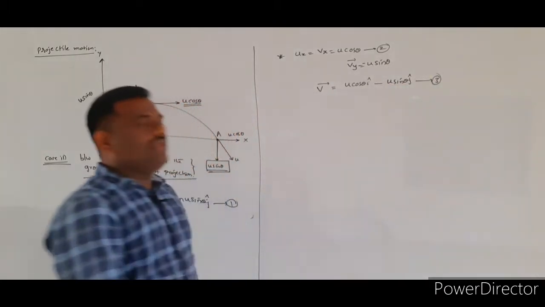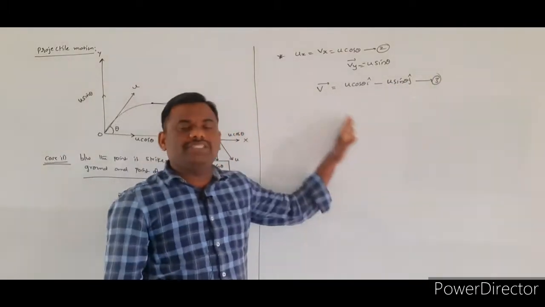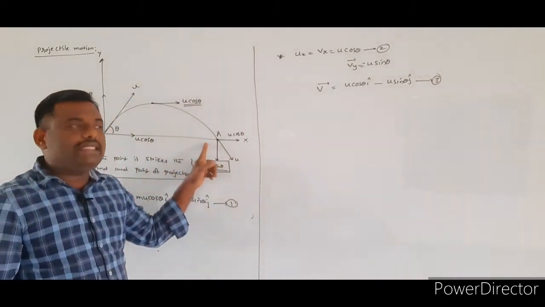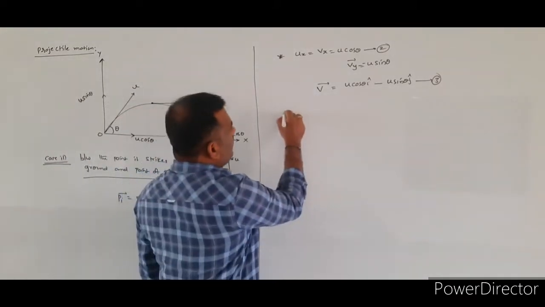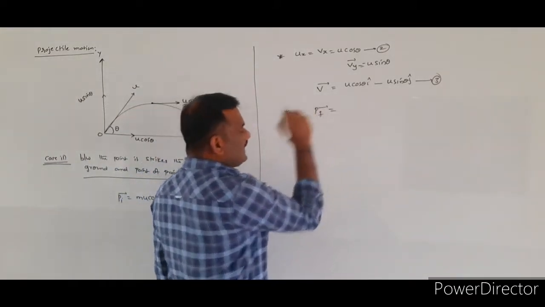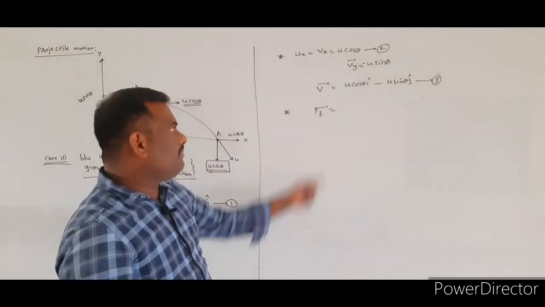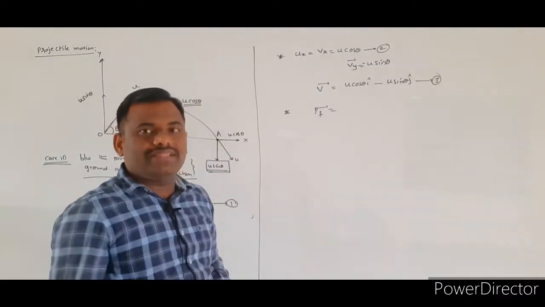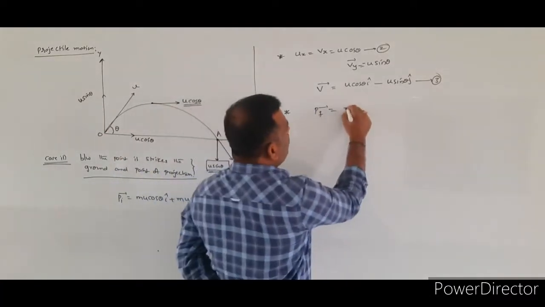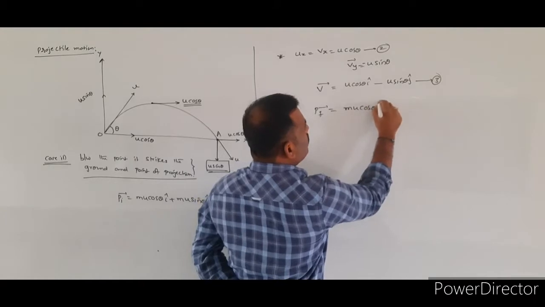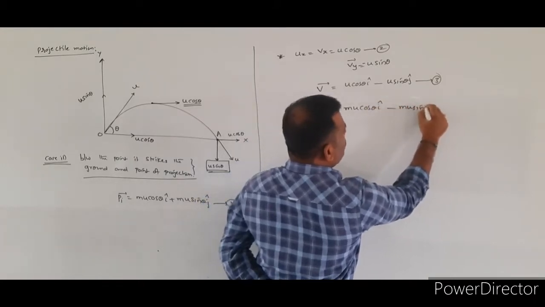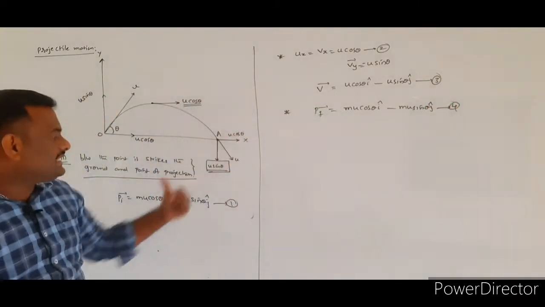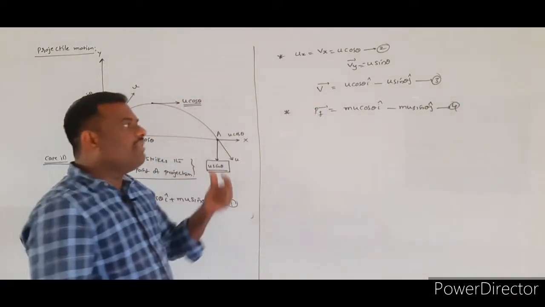So v bar gives the final expression for the velocity of the projectile while it is reaching the point A. The corresponding final momentum will be given by, this is a velocity. If you want the momentum, simply we multiply with the mass. So the final momentum value is equal to mu cos theta i cap minus mu sin theta j cap. Equation number 4. So these are the expressions for the initial momentum as well as the final momentum.